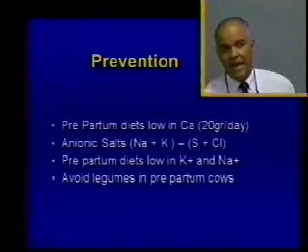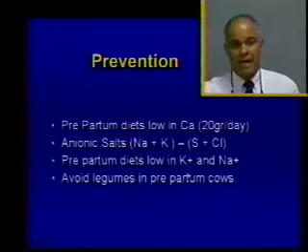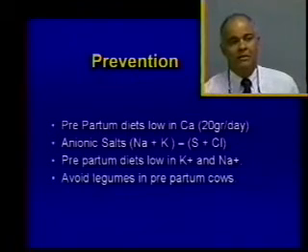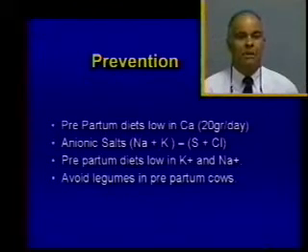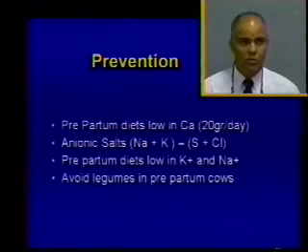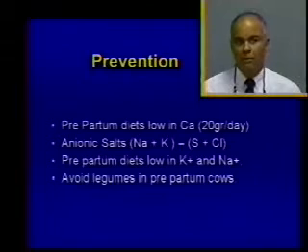Remember that the higher the cations concentration in the diet, the more you predispose the cow to an alkaline metabolism, and that will suppress the receptors that are needed for calcium homeostasis or calcium compensation.